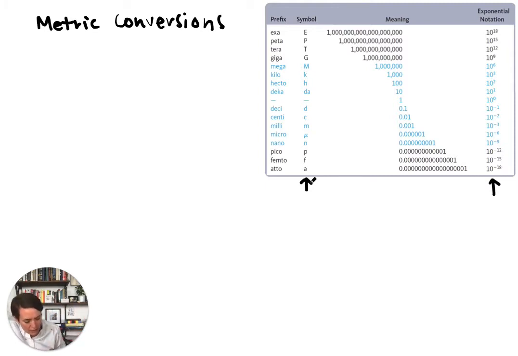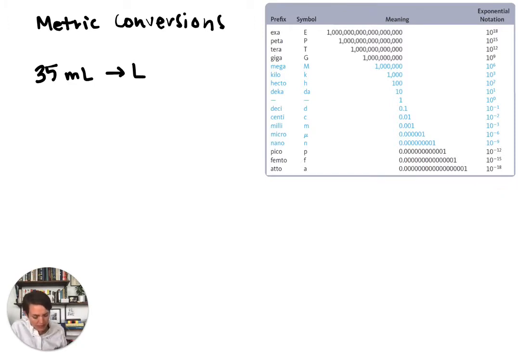So let's start with something kind of familiar, and let's say we need to convert 35 milliliters to liters. Again, we're going to find milli right here. We follow that across, and it's 10 to the negative third, right?